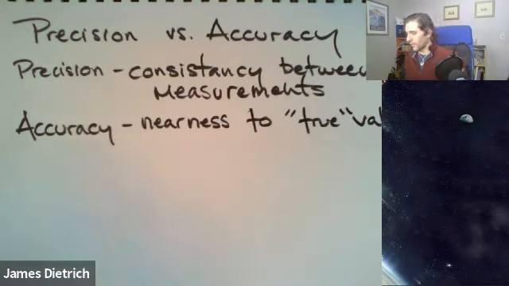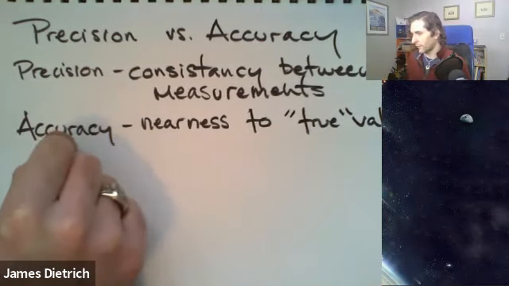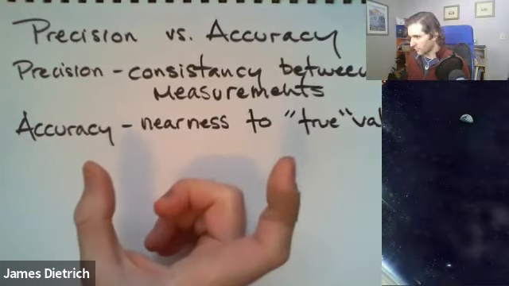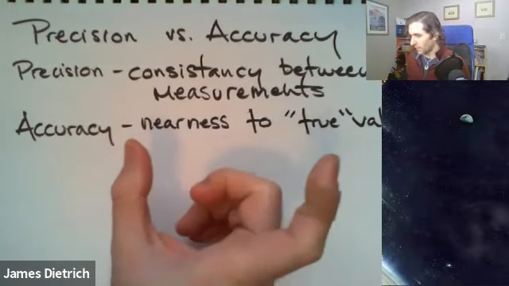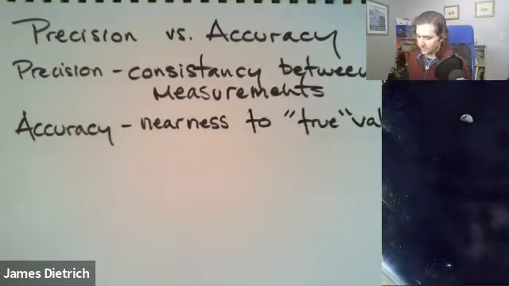So if we have a very small error, our measured value is very close to the true value, we would say that we have a very high accuracy. If our error is quite large, then we would say we have a low accuracy. Our measured value is not that close to our true value.